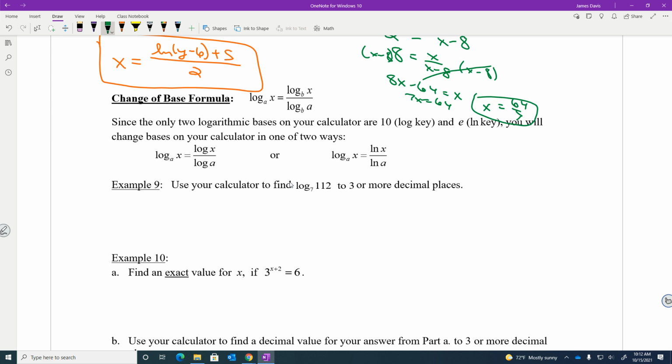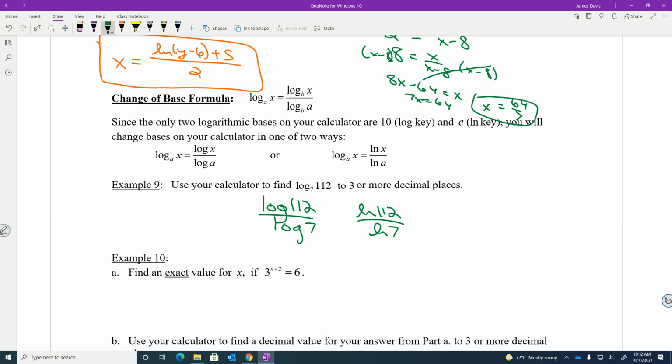So the change of base formula says if you're asked to find log base 7 of 112, you can actually just do log 112 divided by log 7, it works for log or natural log. Or you can do natural log 112 divided by natural log 7. This is the change of base formula.